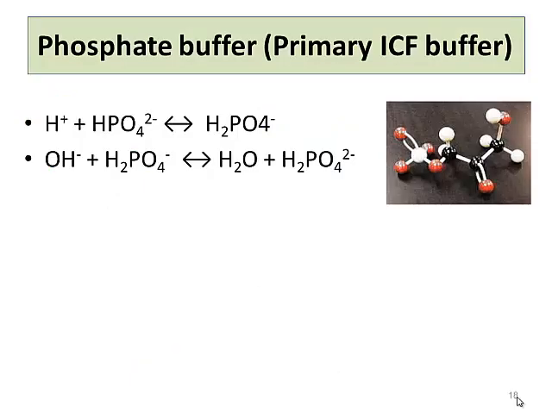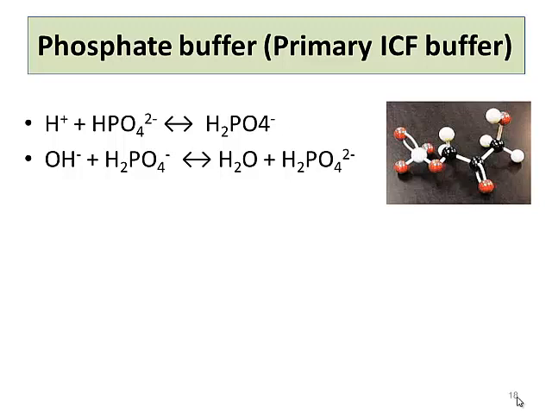Now we move on to talk about the primary intracellular buffer, meaning balance will be kept between acid and base within the cells. Remember, 85% of phosphate is in the bones, 14% is intracellular and in the renal tubular fluid, and less than 1% is extracellular in blood plasma.